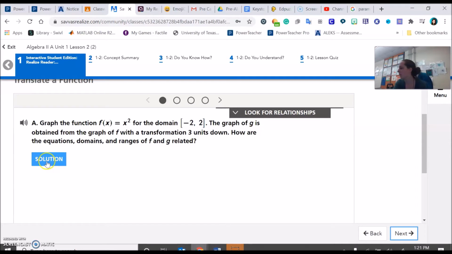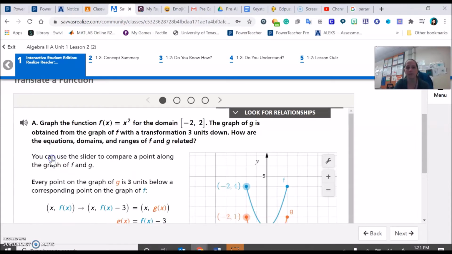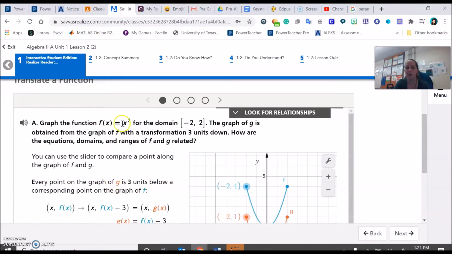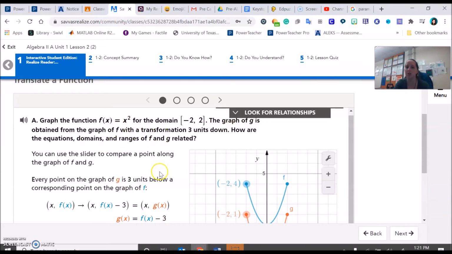Okay. So the first thing that we want to do is actually graph both of these functions. I'll use the slider to compare a point along the graph of f and g. So here's my first function, x squared for the domain -2 to 2, and the graph g is obtained from the graph f with a transformation 3 units down.